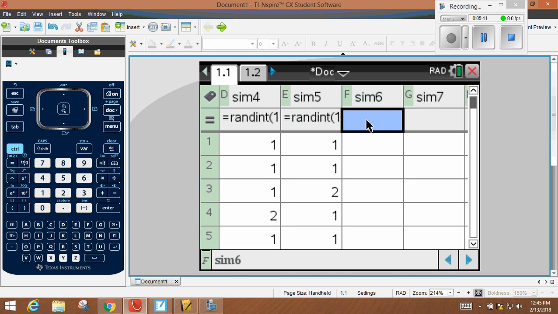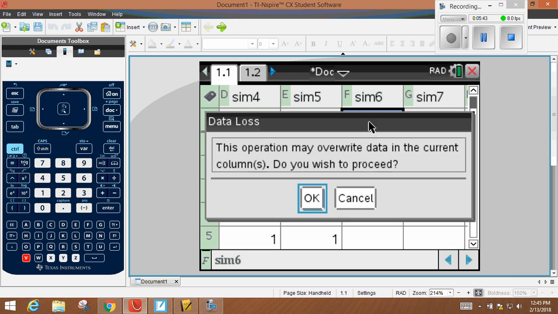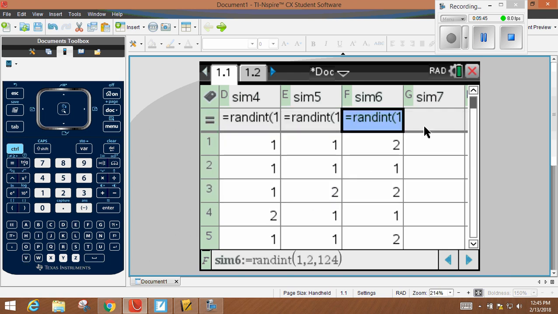Not sure why it keeps telling me that I'm going to overwrite data. Let's go ahead and just write. I'm going to copy that instead. I think that'll help the problem. Okay, that's better.